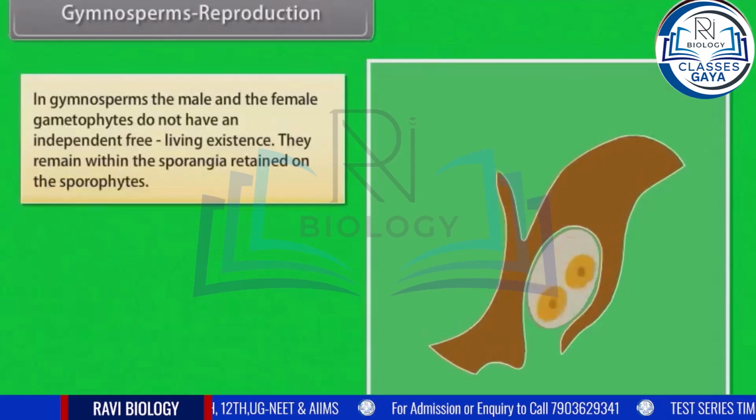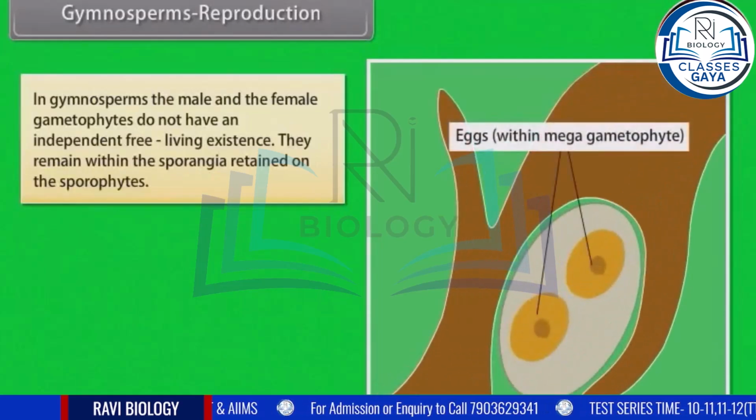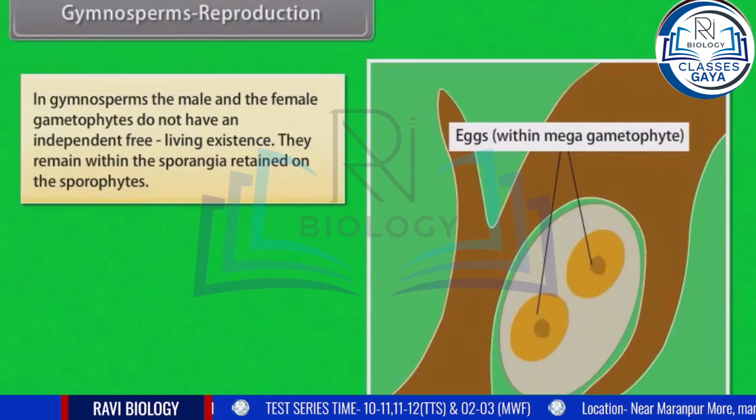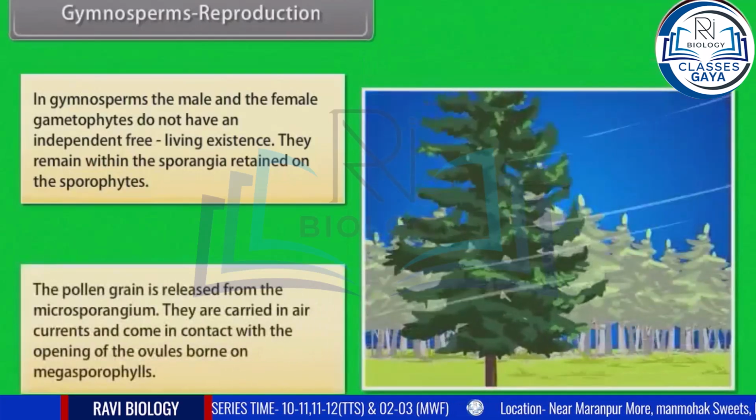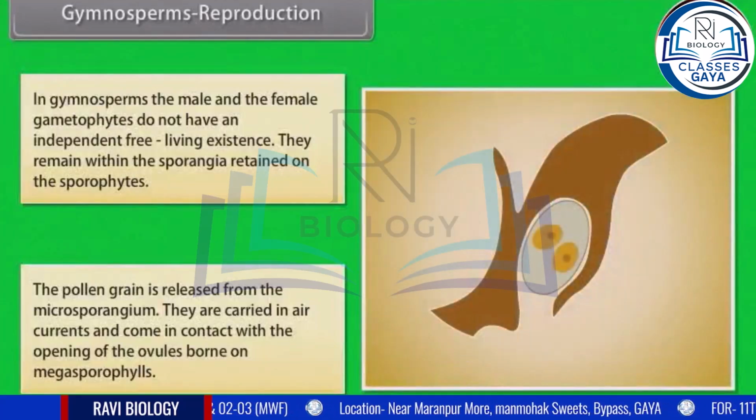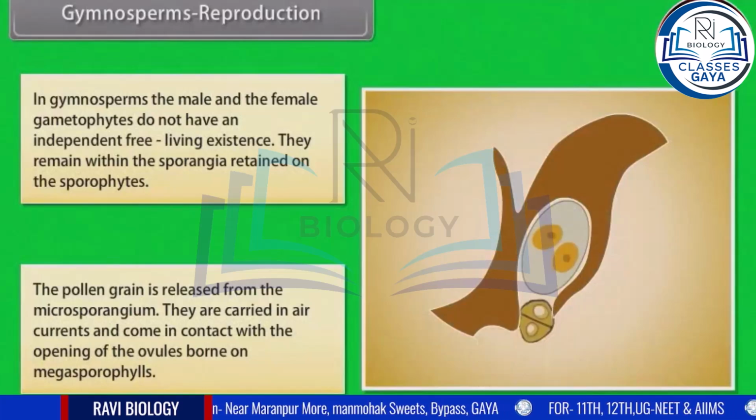In gymnosperms, the male and the female gametophytes do not have an independent free-living existence. They remain within the sporangia retained on the sporophytes. The pollen grain is released from the microsporangium. They are carried in air currents and come in contact with the opening of the ovules borne on megasporophylls.